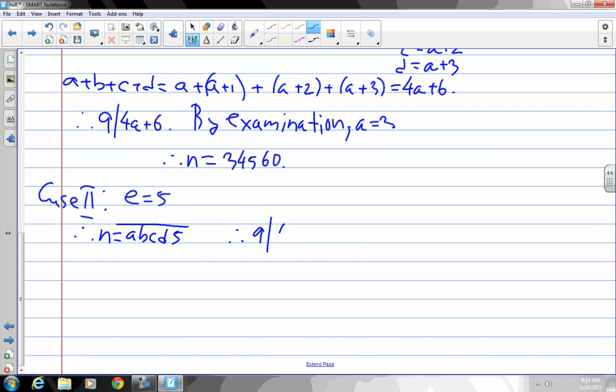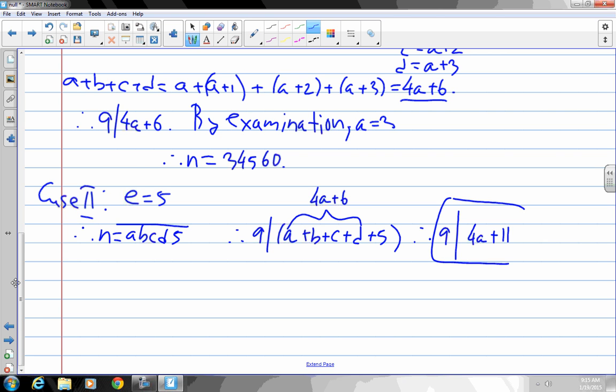Therefore, 9 divides A plus B plus C plus D plus 5. Just like before, A plus B plus C plus D gave us 4A plus 6, the sum of the 4 digits. Then plus 5, we get 9 divides 4A plus 11.